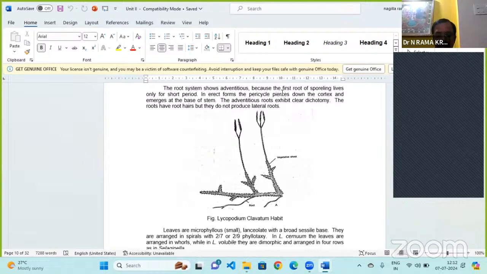In a simple sorus, all the sporangia develop simultaneously and mature together, for example in Osmunda.